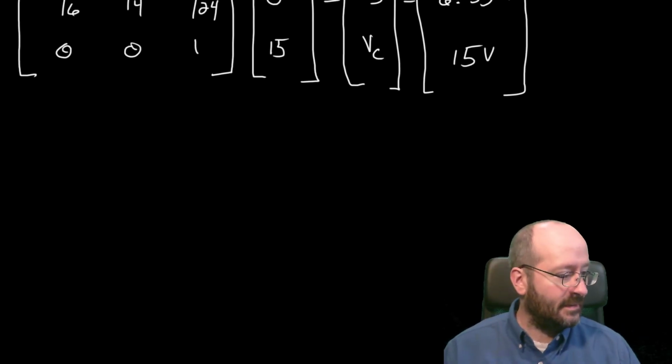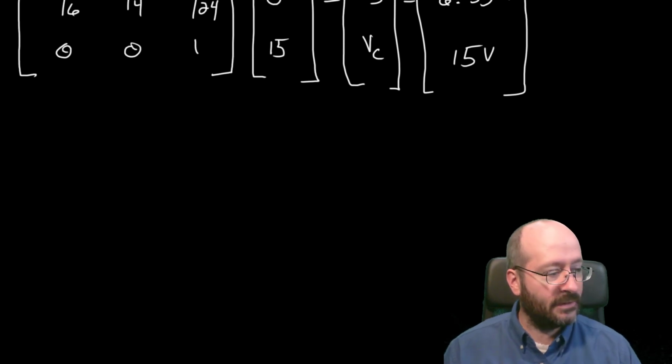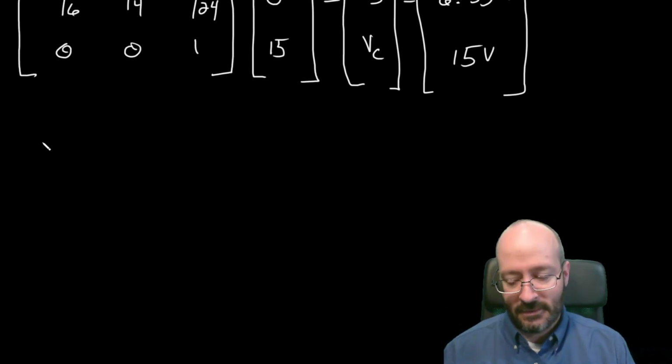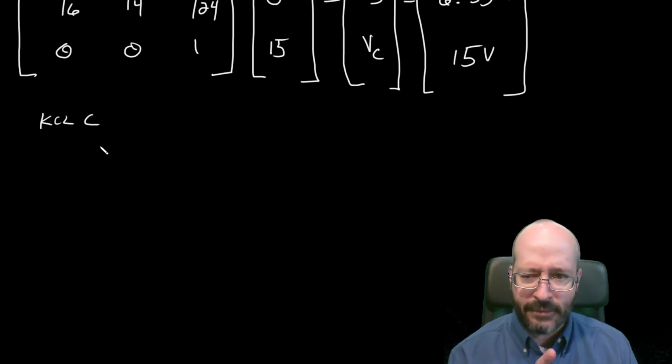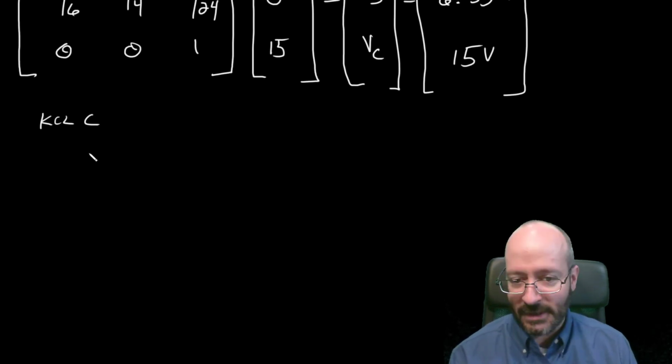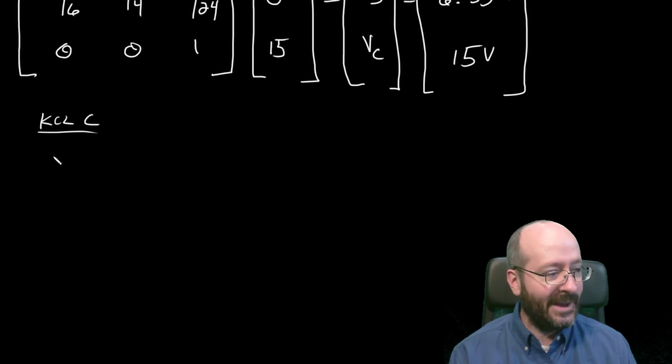And let's write this out. Okay, so we have three currents. I'm going to start with the one on the left for R1. It's leaving. I'm writing a KCL for node C. Usually we would have avoided that because it has voltage supplies connected to it, but we need it now.